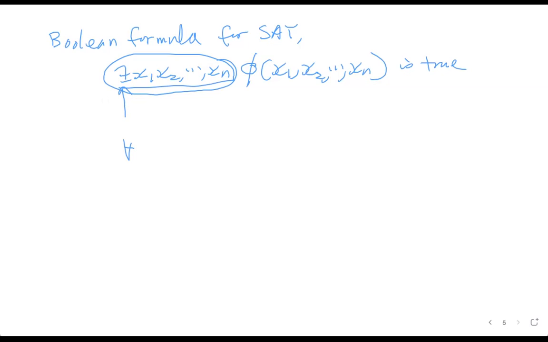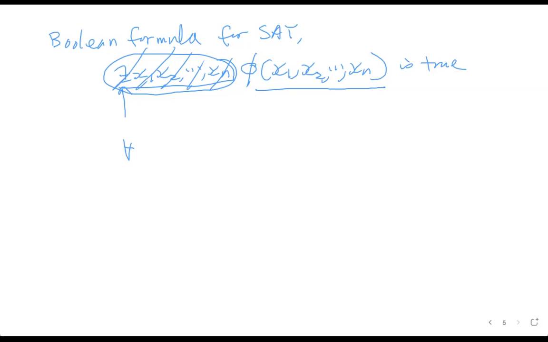But then if you add for all, or there exists, so without it, it just means that as long as there is a truth assignment to make it true.